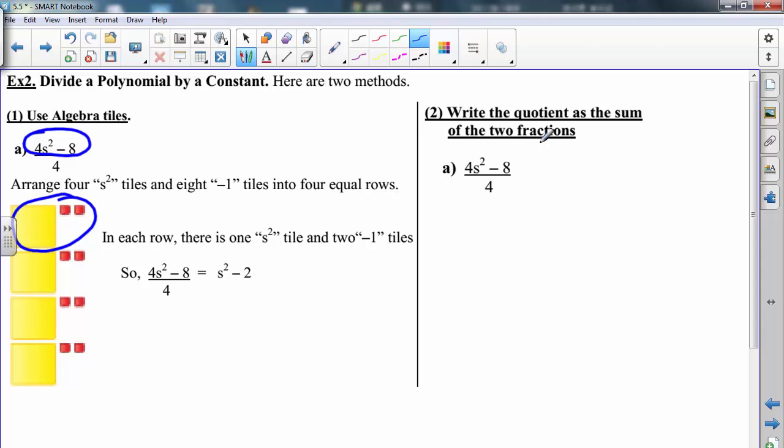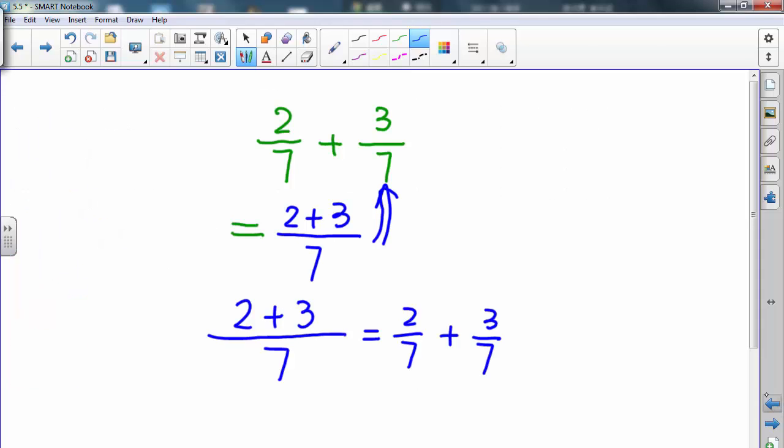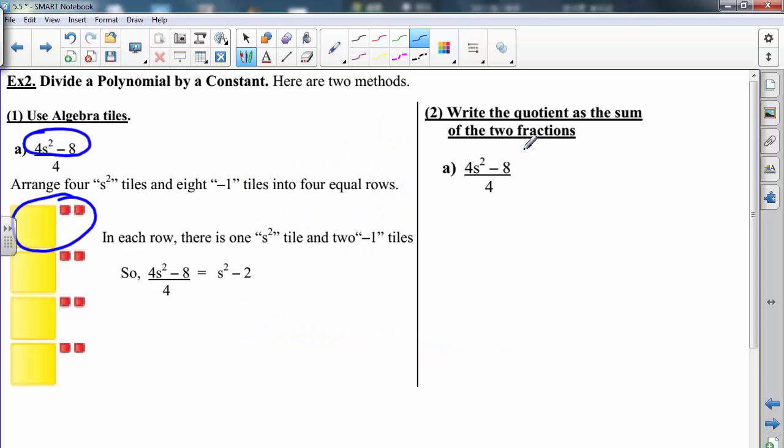So let's look at how we can use what we just reviewed in this fraction case to divide a polynomial by a constant symbolically. What we will do is change 4s squared minus 8 to 4s squared plus negative 8, divided by 4.